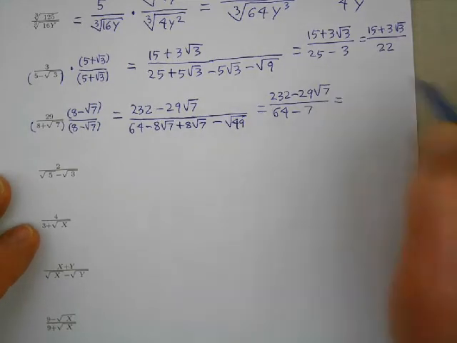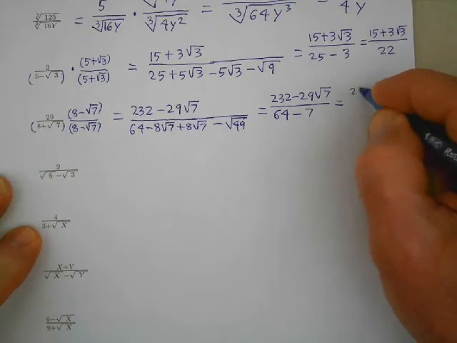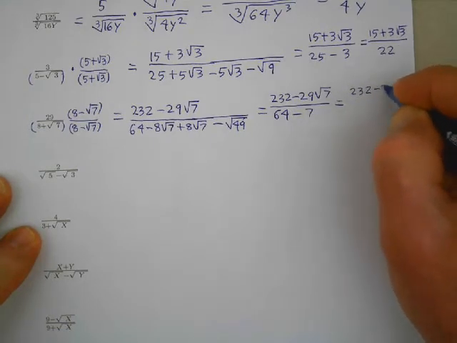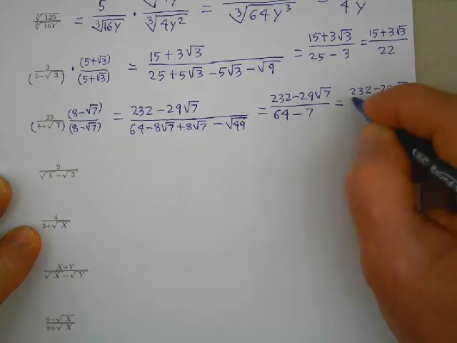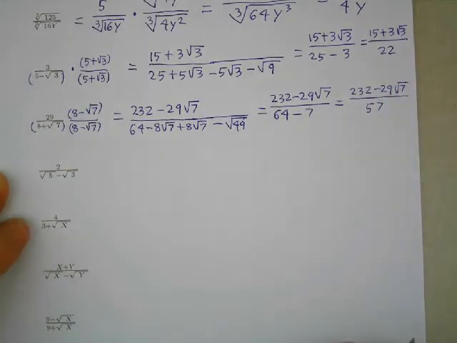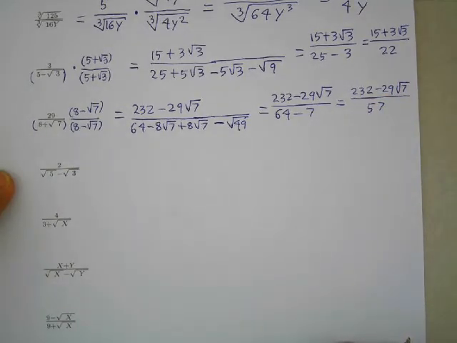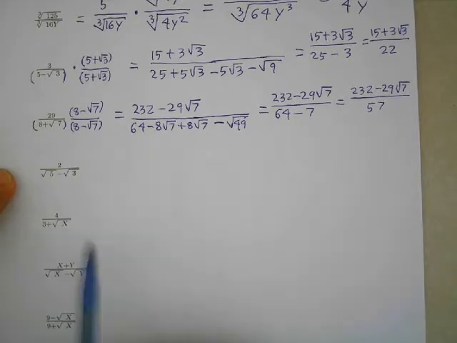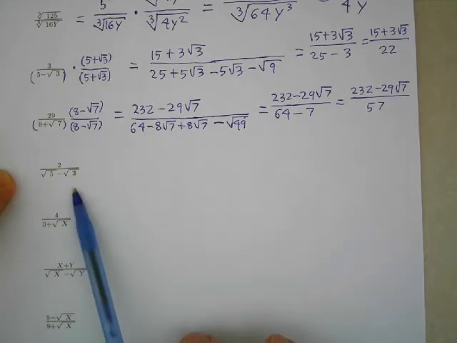So the final step in the numerator 232 minus 29 times the square root of 7, and then divided by 57, because 64 minus 7 is 57. Okay, and the next one, the same sort of idea on this one.